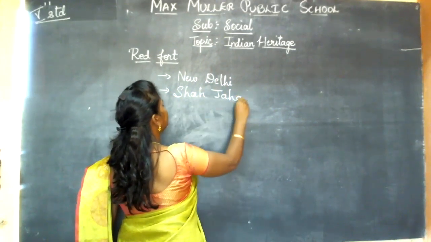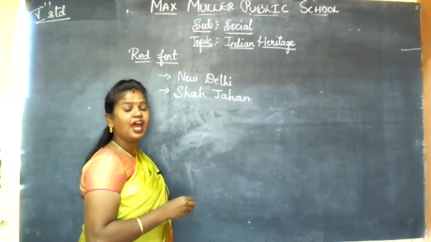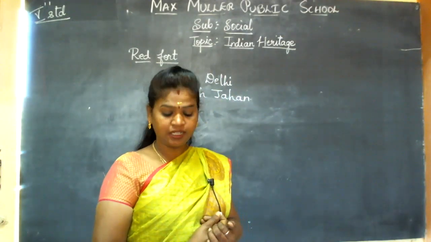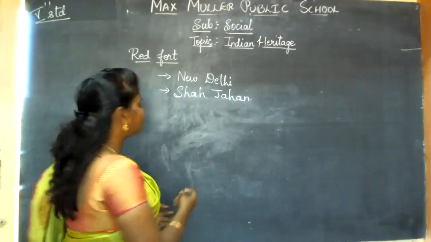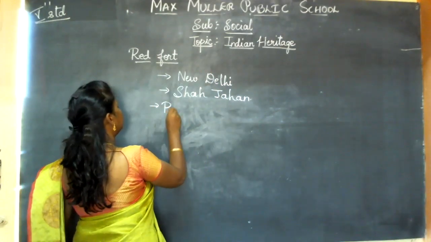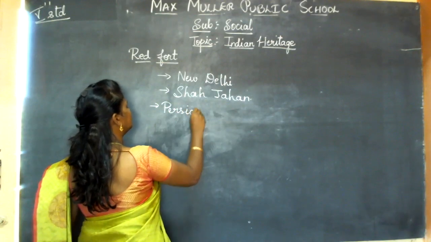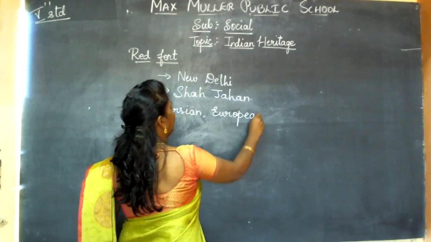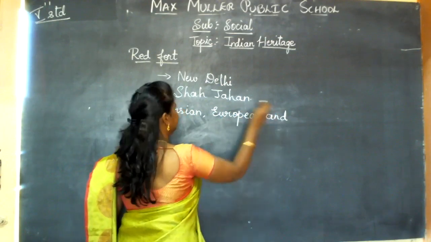It was built by Shah Jahan, and in which style was it built?